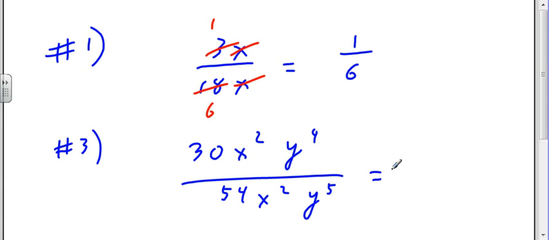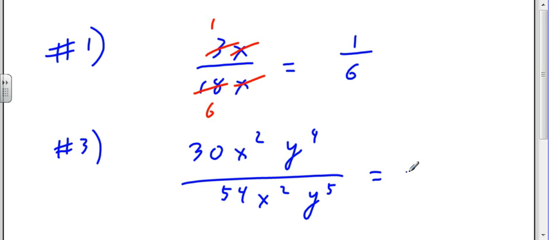And before we even try anything, we just try it on my calculator, just to see if it can happen. 30 times x squared times y raised to the 4th, divided by quantity 54 times x squared times y raised to the 5th, close parentheses. And second function.